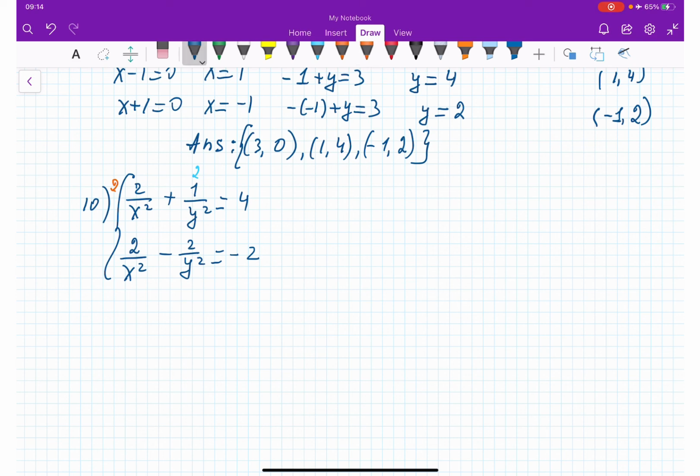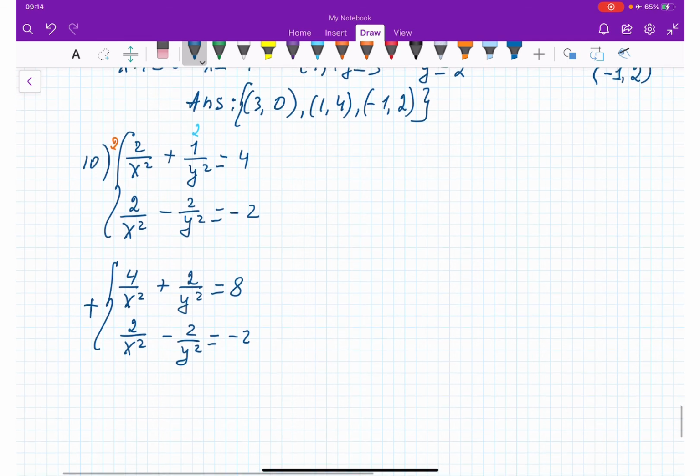And we are going to get 4 over x squared plus 2 over y squared is equal 8. 2 over x squared minus 2 over y squared, it's going to be equal negative 2.